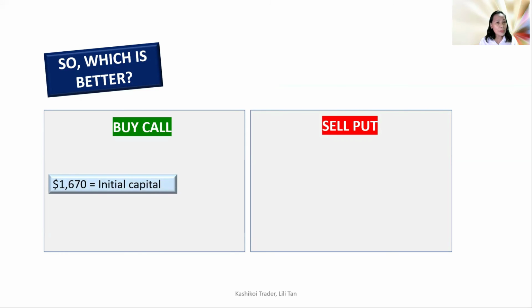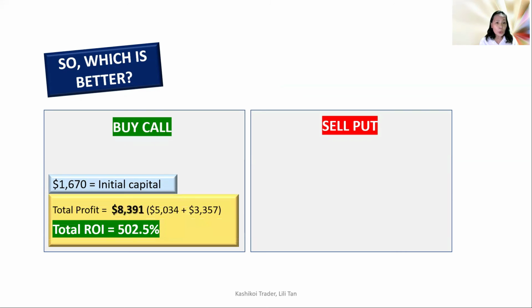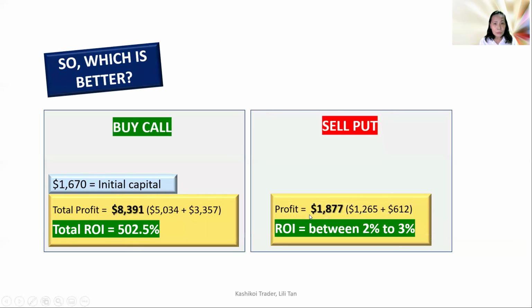Initial capital of 1.6K. My total ROI is actually 502% or a whopping 8.4K dollars, or sell put, which is a profit of 1.9K for around 6 months. Okay, the ROI is around 2 to 3% for each contract.